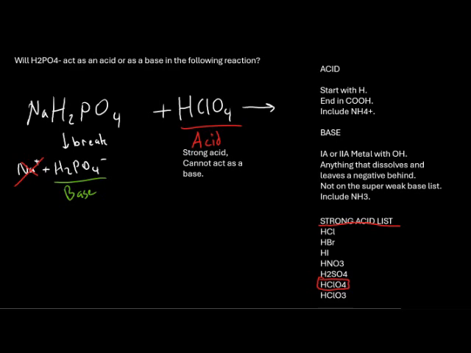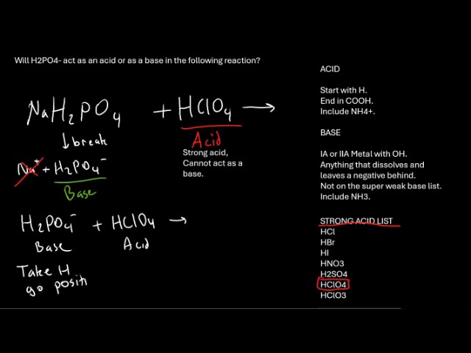Now, let's rewrite this. We'll label our base and our acid. Our base must take an H and go one step more positive. Our acid will lose an H and go more negative. Therefore, if our H2PO4- gains an additional H, that will take us from 2 H's up to 3 H's, and it will take us from negative up one step to neutral.